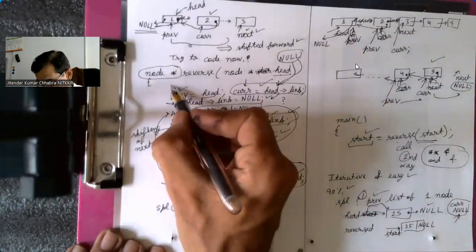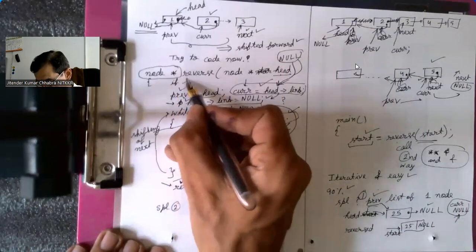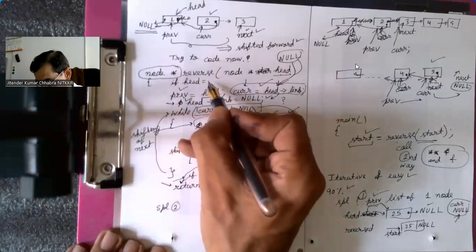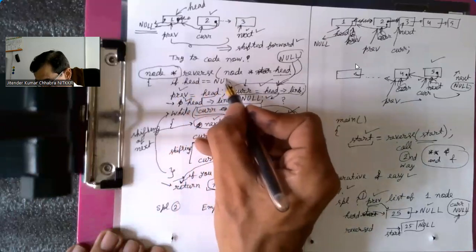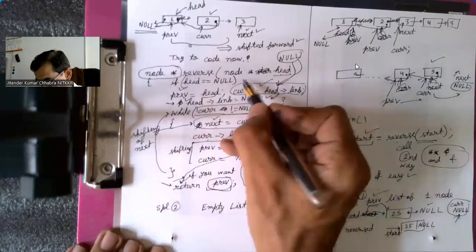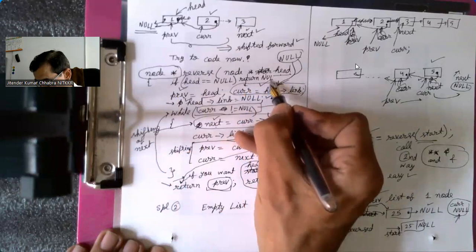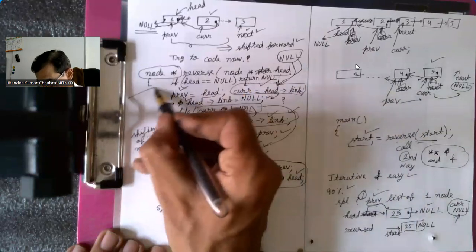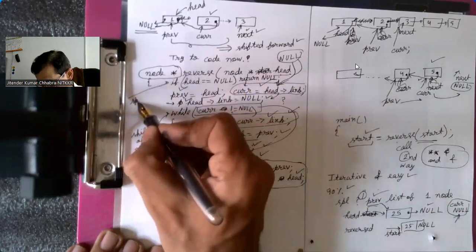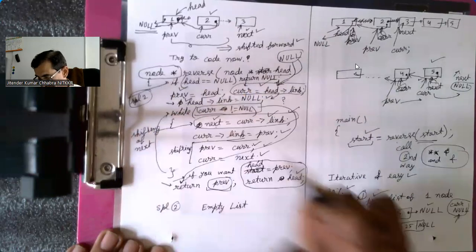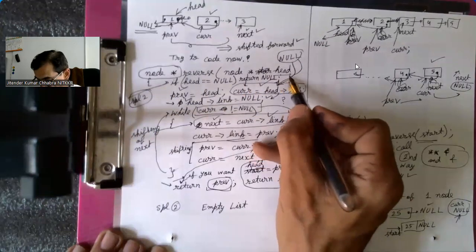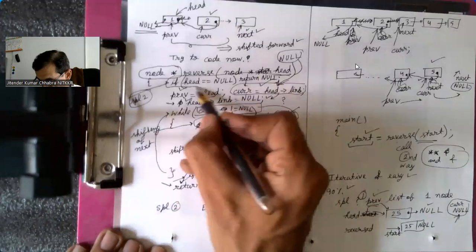So I can probably think of just simply writing if head equal to null, you can have a special if for that. What I should do? Return head or return null, whatever you say is perfect. So you can have an extra condition for special situation 2. Special situation 1 was being perfectly handled without much of a problem.